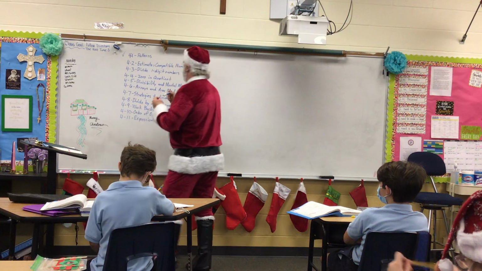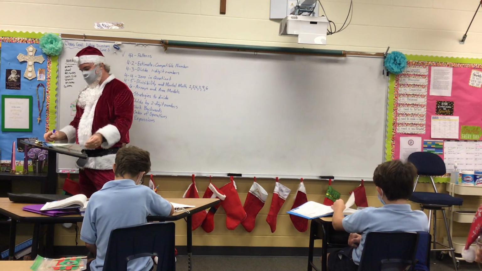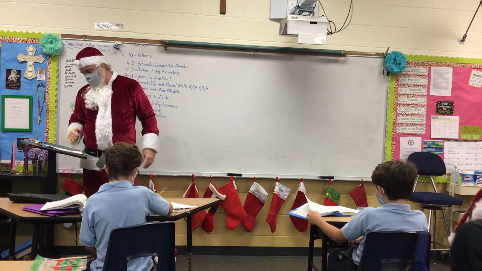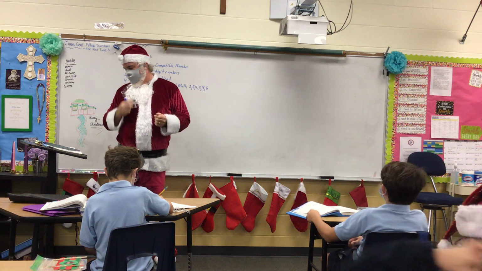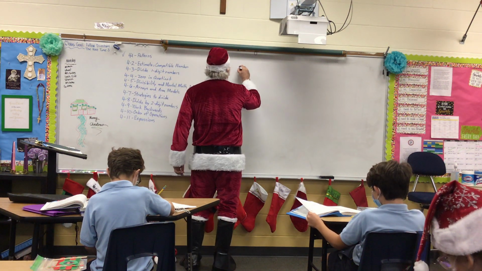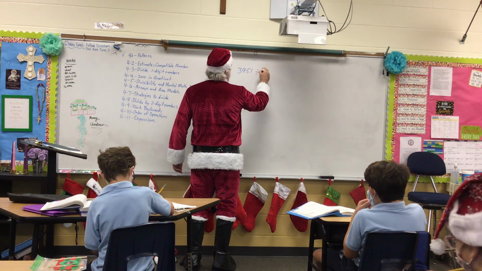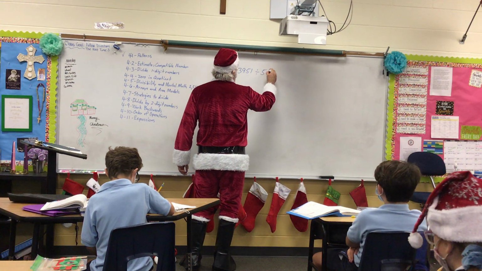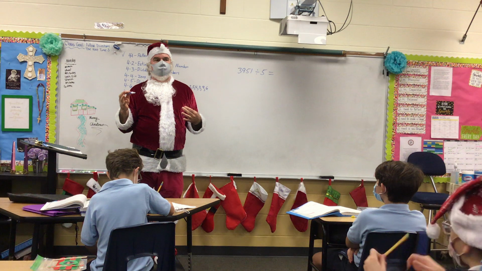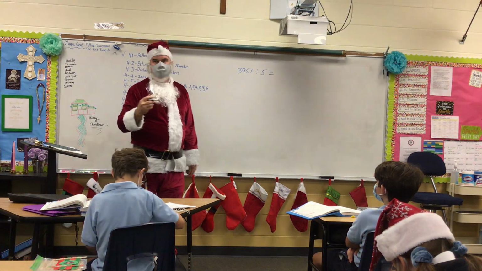Check that out. Estimate using compatible numbers. This one was where you had to know your division facts. And they would give you problems: what would be a divisible number that we know 5 would go into that's close to 3,951?